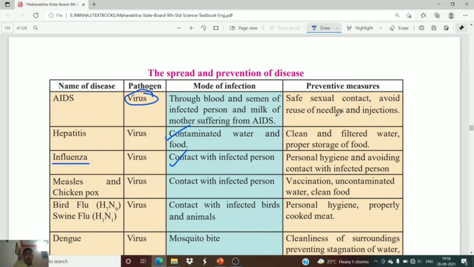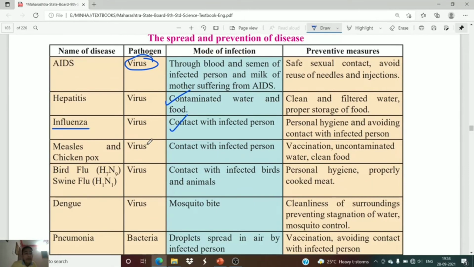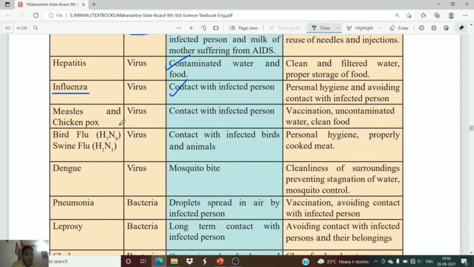Now what are the preventive measures? Personal hygiene is needed, and we must avoid contact with the person who is infected by the influenza virus. Next is measles and chickenpox. These are also caused by a virus. Now a virus is also a microbe.